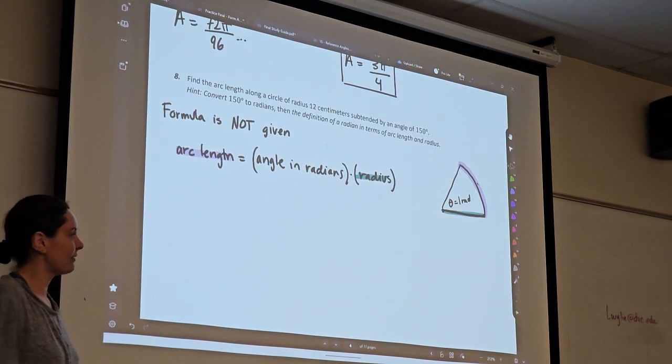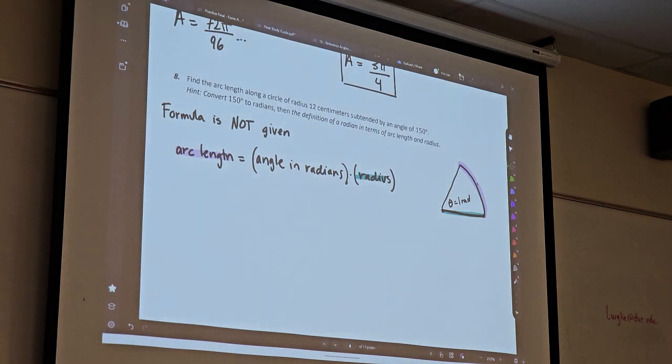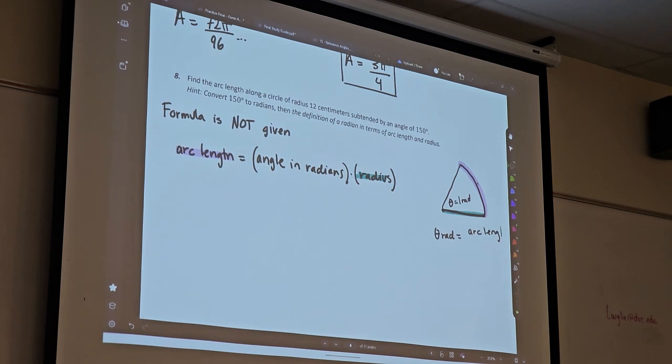So arbitrary, right? So your definition of a radian is arc length divided by your radius. So multiply both sides by the radius.